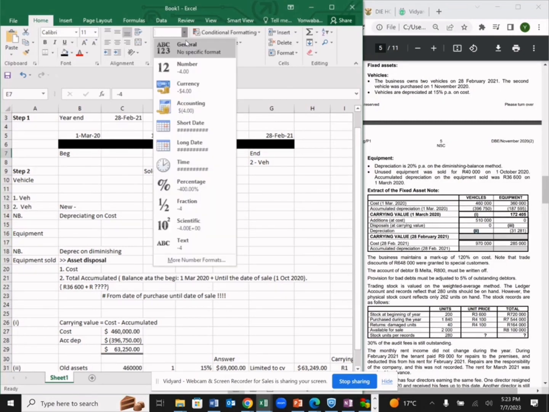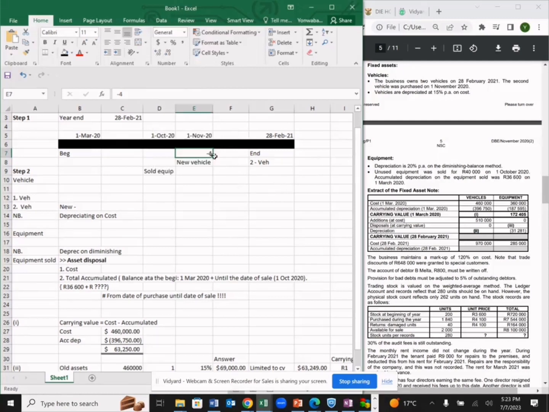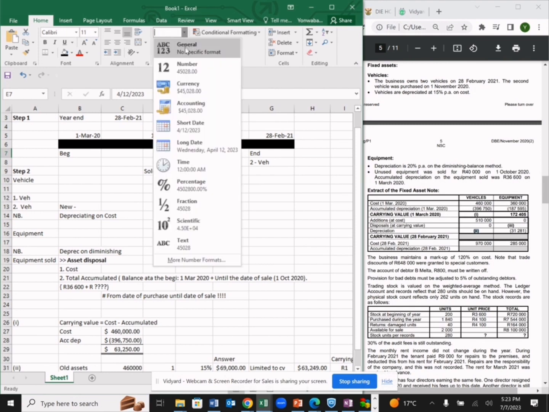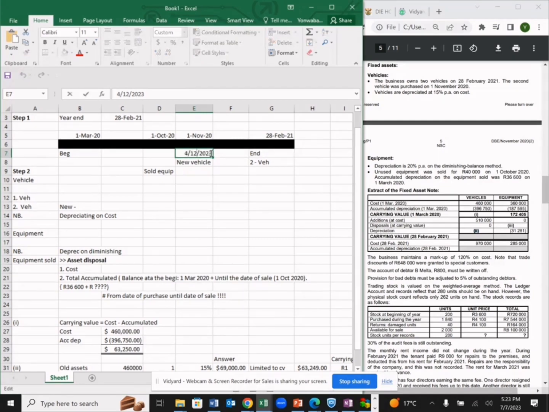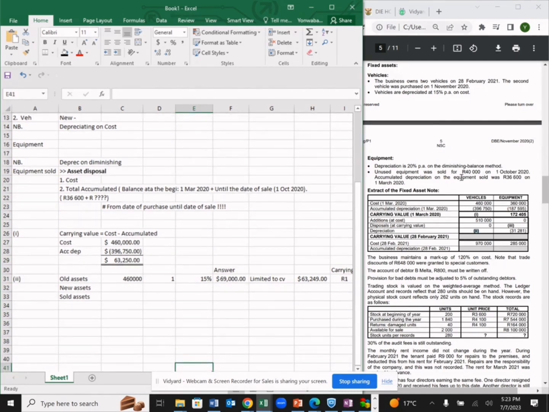Okay, 4 over 12. Let's go. Analyze. So the depreciation is calculated on cost, but now we are calculating depreciation on a new asset.